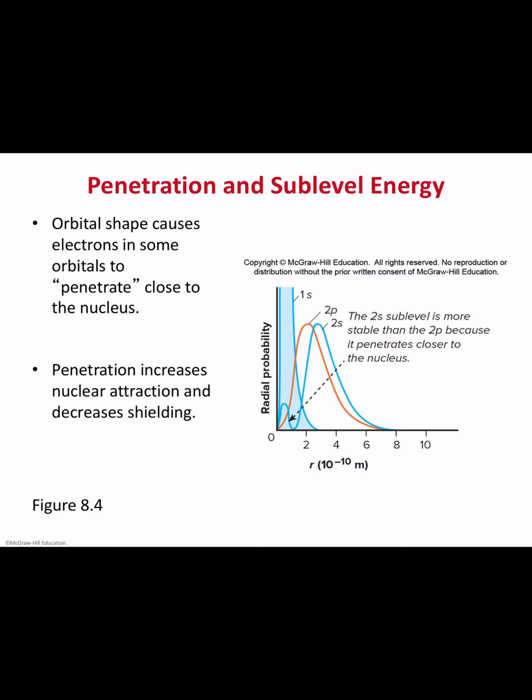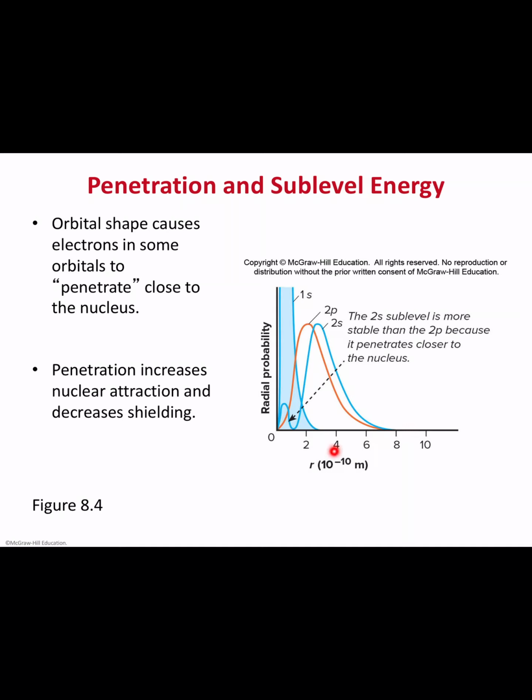This diagram shows us the radial distribution of the electron density. The first one is the 1s, which is closer to the nucleus, and then the 2s, you can see there is a hump here, and this is the distribution for the 2s orbital. Some part of the 2s is very close to the nucleus, whereas a 2p orbital is your brown graph.